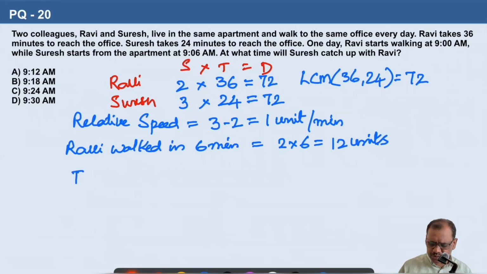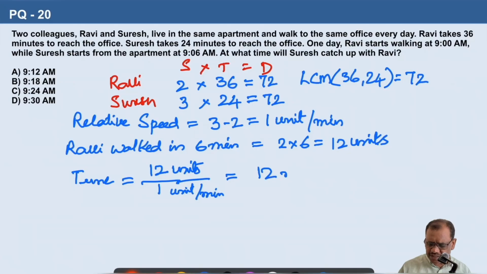So how much time will Suresh take? 12 units is the distance to be covered and the relative speed is 1 unit per minute. If you divide, you get 12 by 1, which is 12 minutes. So in 12 minutes, Suresh will catch Ravi.